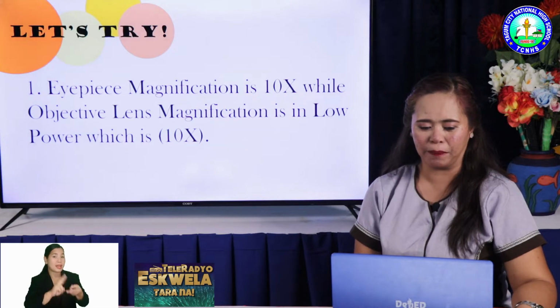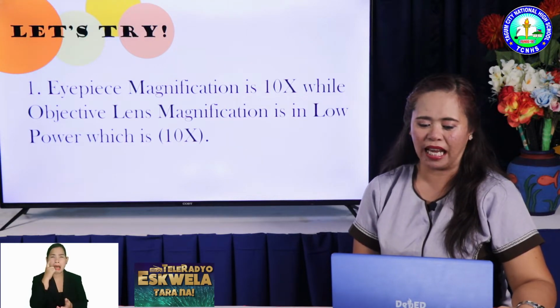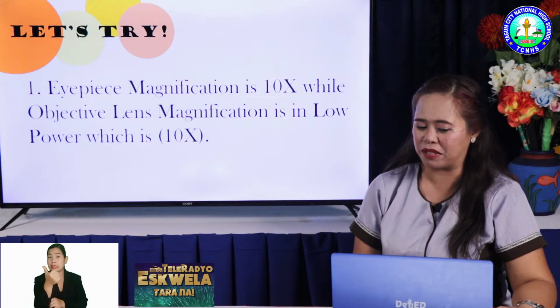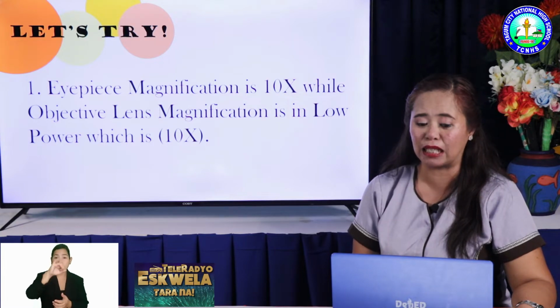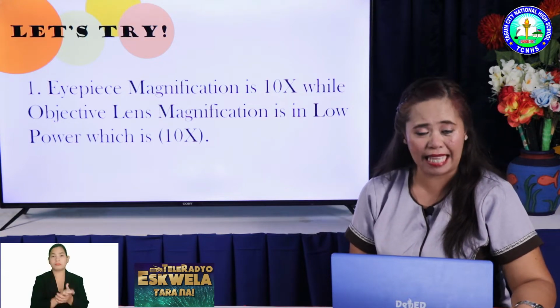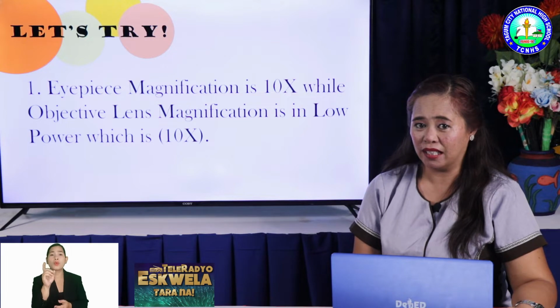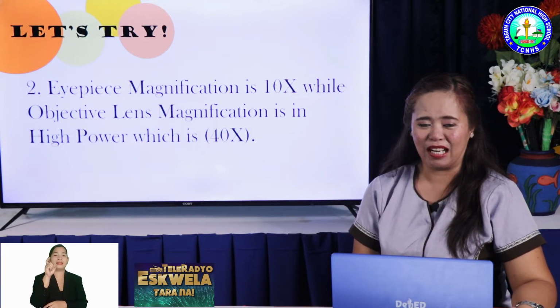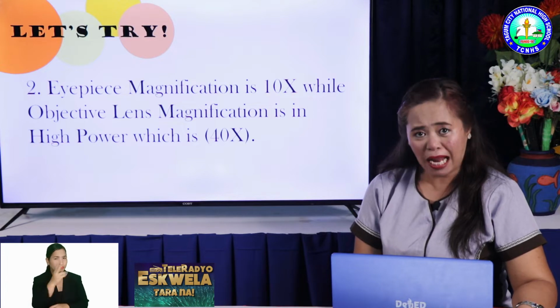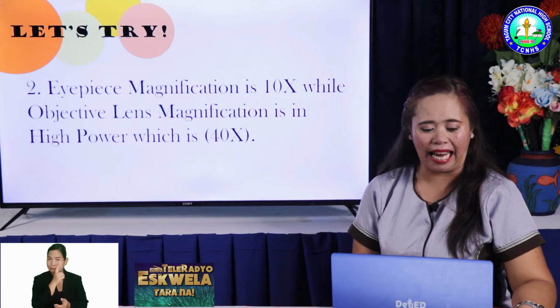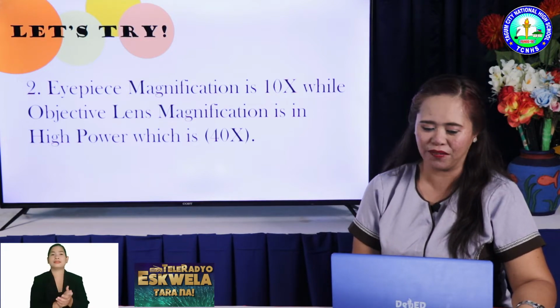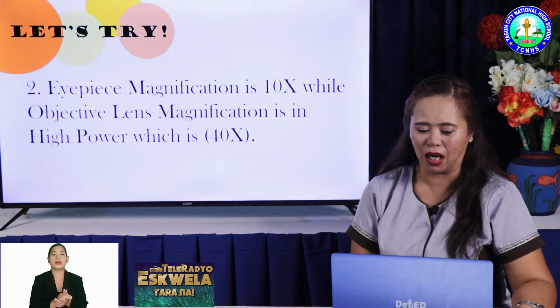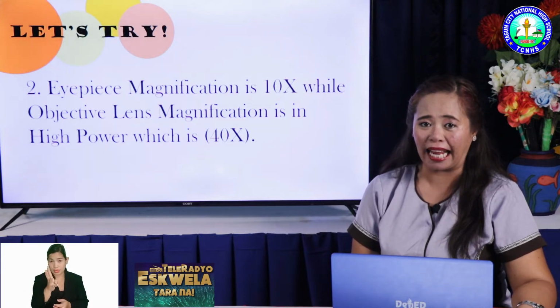Number 1. Eyepiece magnification is 10x, while objective lens magnification is in low power, which is 10x. The answer? 100x. Number 2. Eyepiece magnification is 10x, while objective lens magnification is in high power, which is 40x.